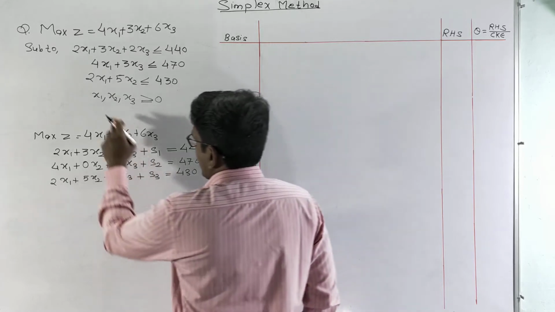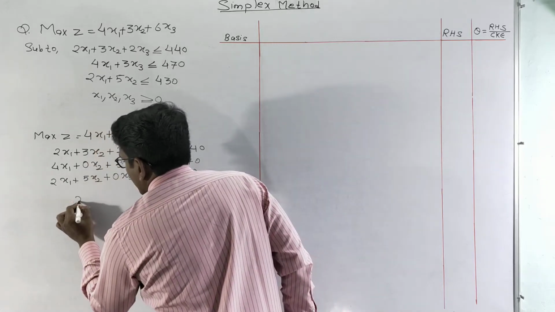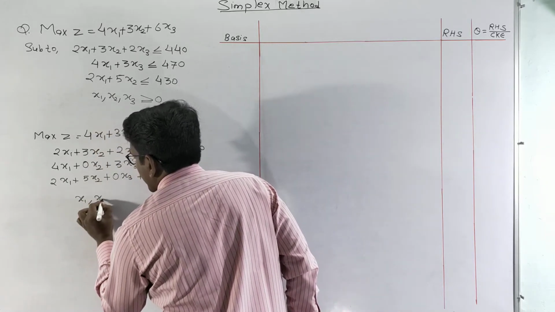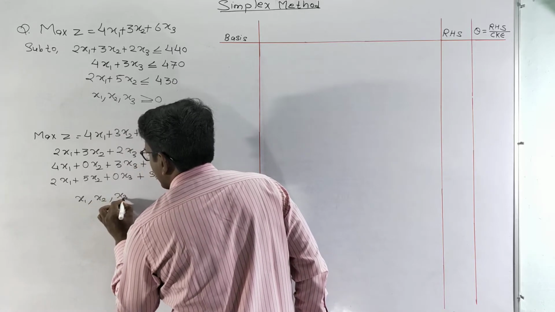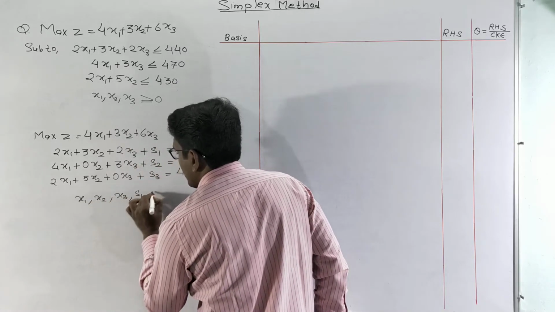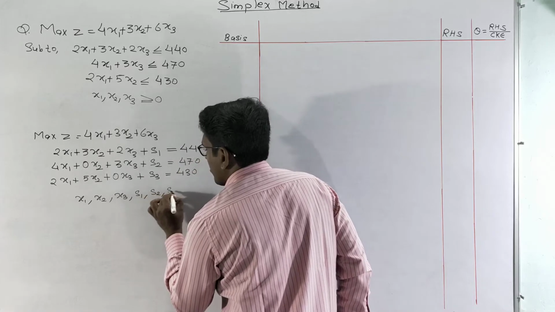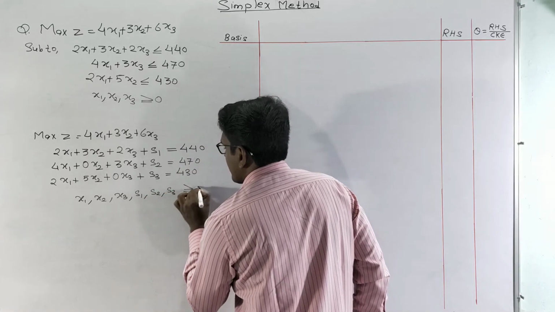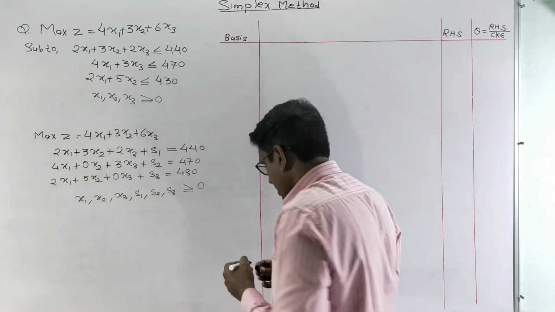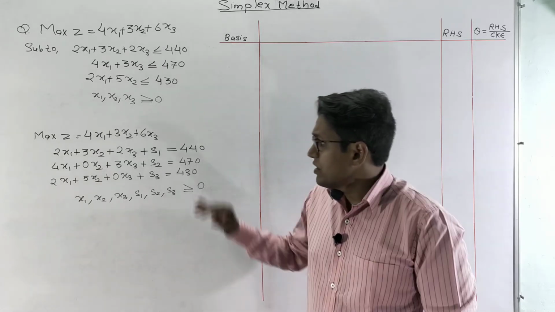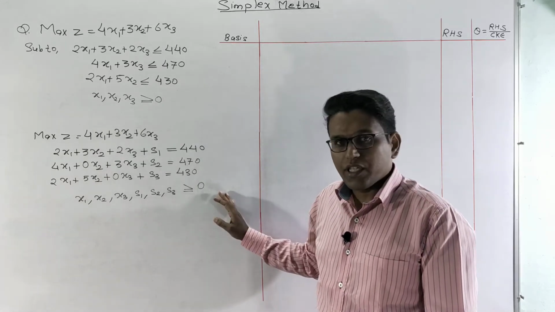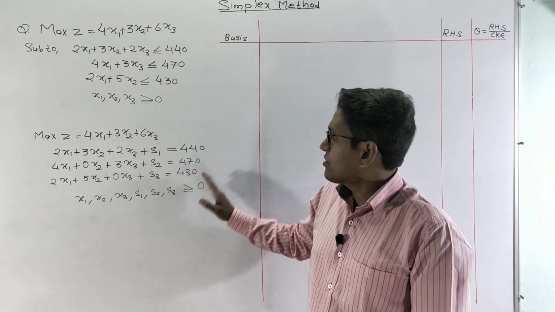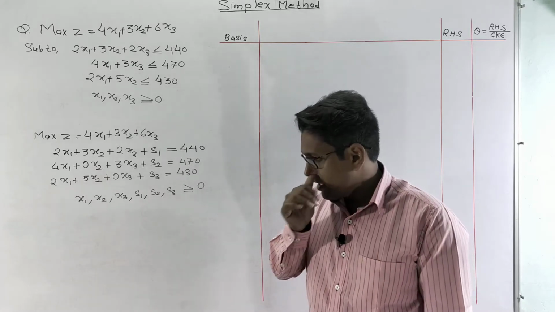And now the non-negativity restrictions: x1, x2, x3, s1, s2 and s3 greater than or equal to 0.